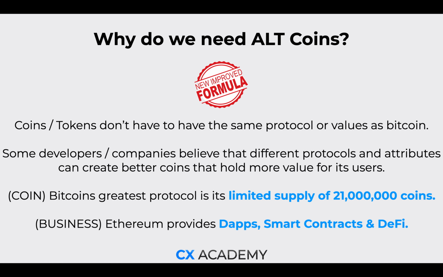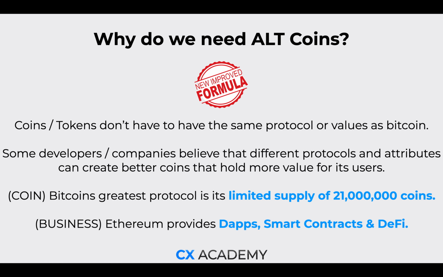Okay, another currency might be fair trade, it might be vegan, all of these kind of different values that we can come up with, someone might find more value in that currency than another currency. So then, in terms of Bitcoin, its greatest protocol is the 21 million coins. My favorite thing about Bitcoin is why we keep mentioning it.